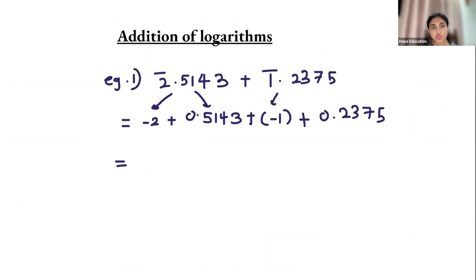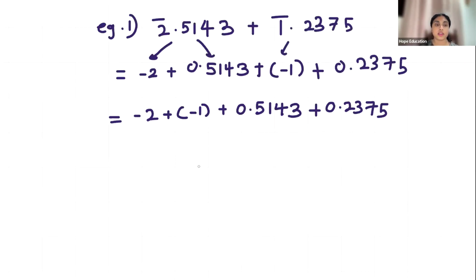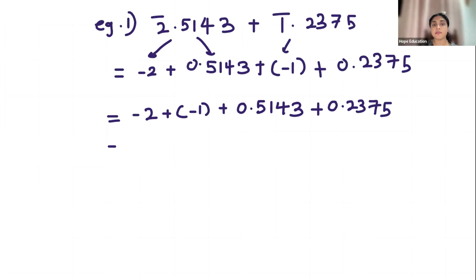So -2 plus -1. I write the characteristics close together, and the mantissa close together here: 0.5143 plus 0.2375. -2 plus times minus is minus, so -2 minus 1 is -3.